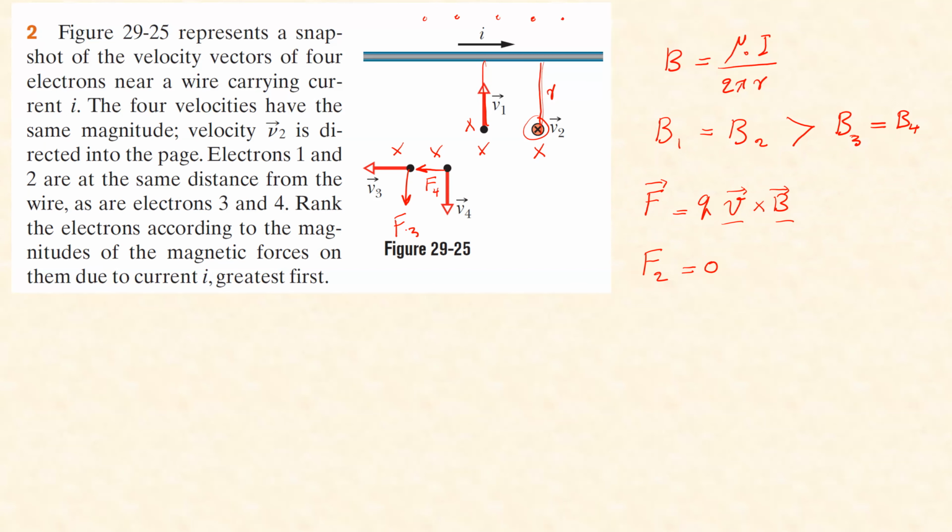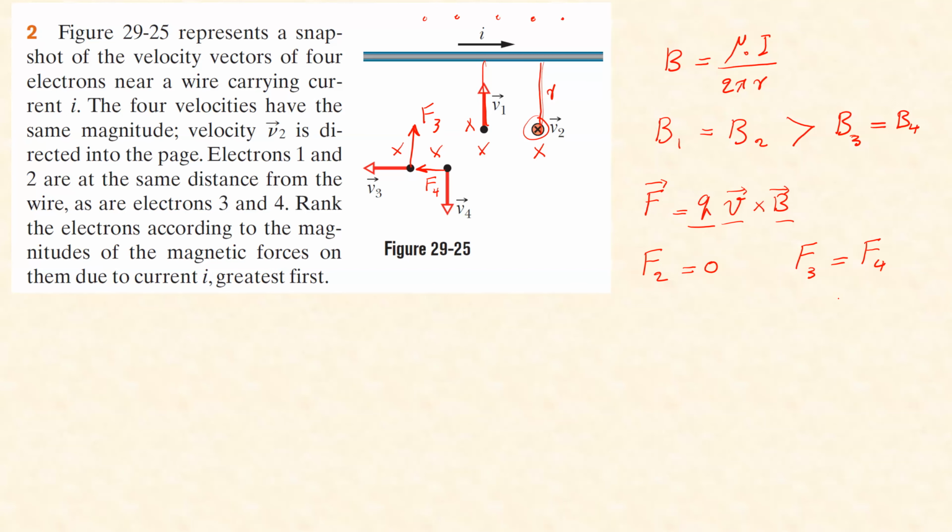V cross B is down, so the force, which is Q V cross B, will be up because it is negatively charged. All right. And you see that for F3 and F4, everything is the same. V is the same, Q is the same, B is the same. They have the same magnitude of force. So F3 is equal to F4 in magnitude, but they are in different directions.